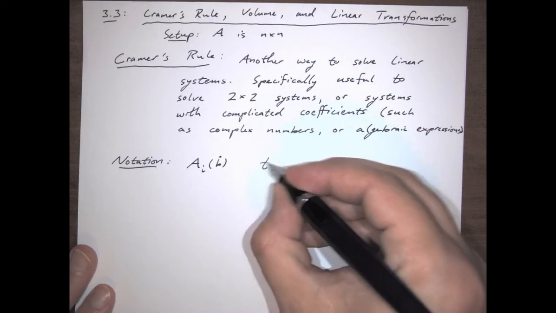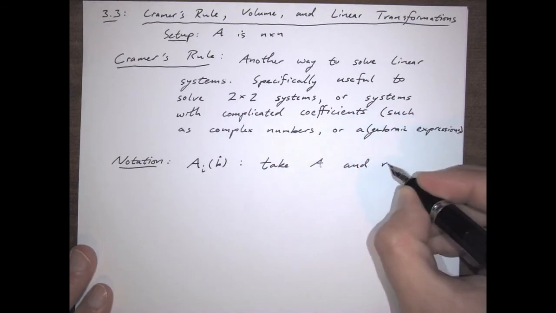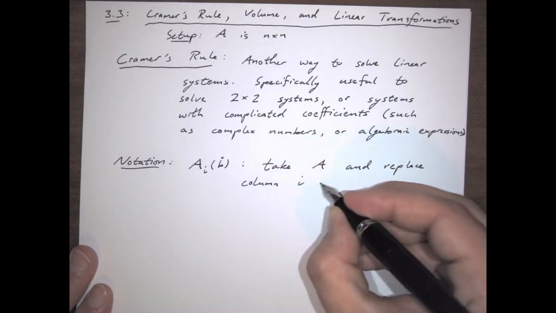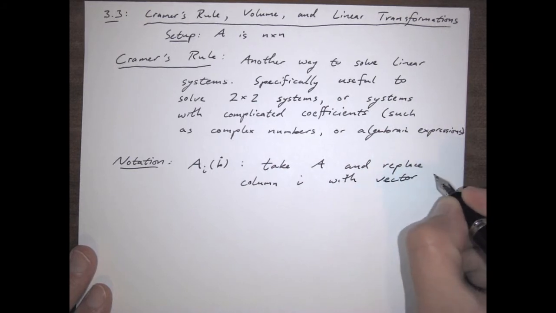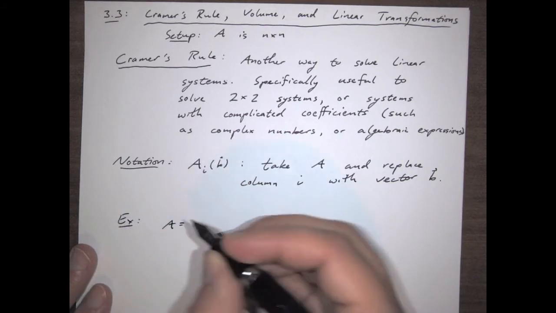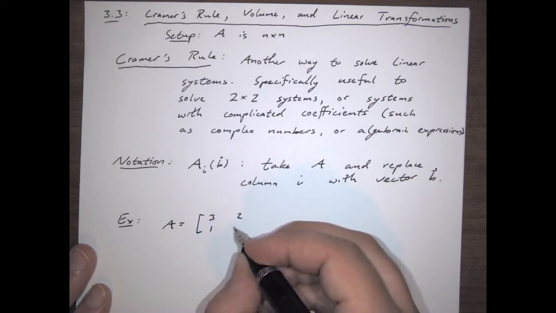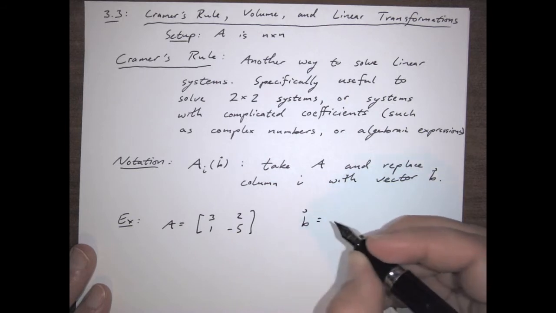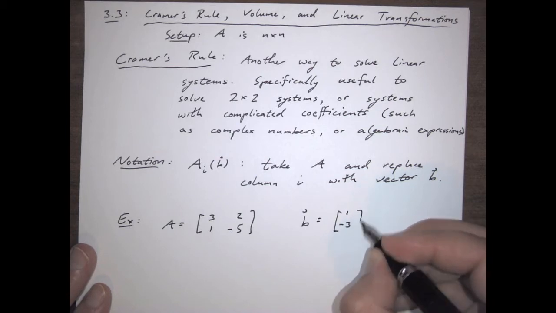So take A and replace column i with the vector B. So for example, if A was equal to, let's say, 3, 2, 1, -5, and B is equal to 1, -3, say.